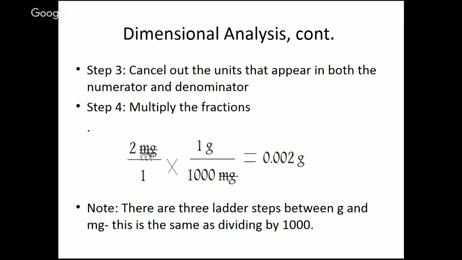So in this case, it's 2 times 1 divided by 1 times 1,000. In other words, it's 2 divided by 1,000. You notice that the milligrams cancel out when I do this. So I am going to end up in grams, which is exactly what I want. So when I multiply this out, I end up with this answer. 2 milligrams is equal to 0.002 grams.